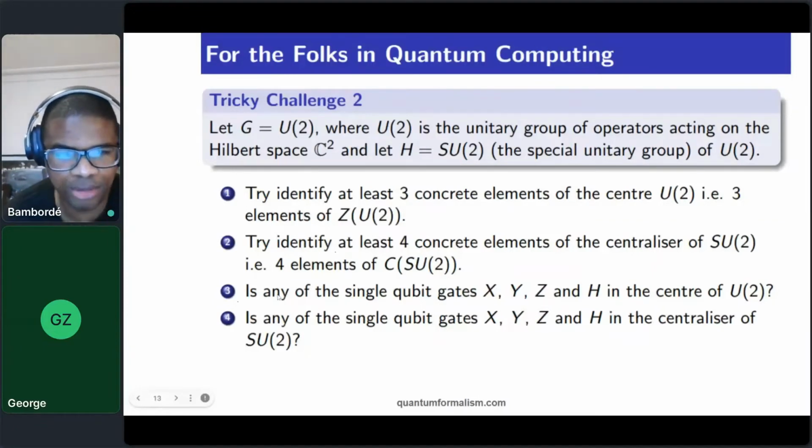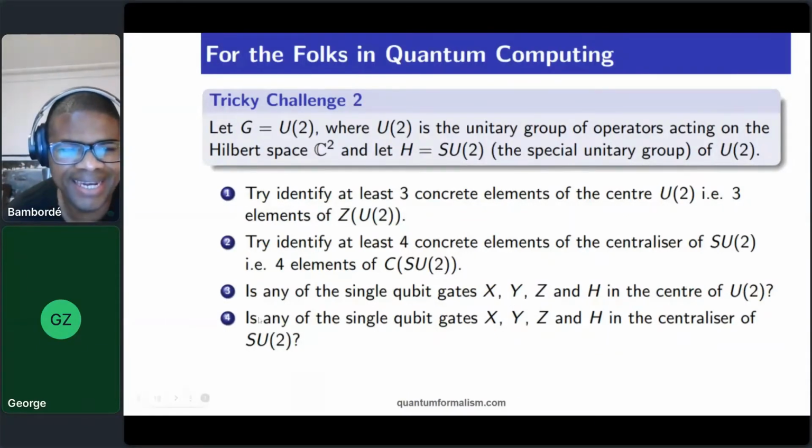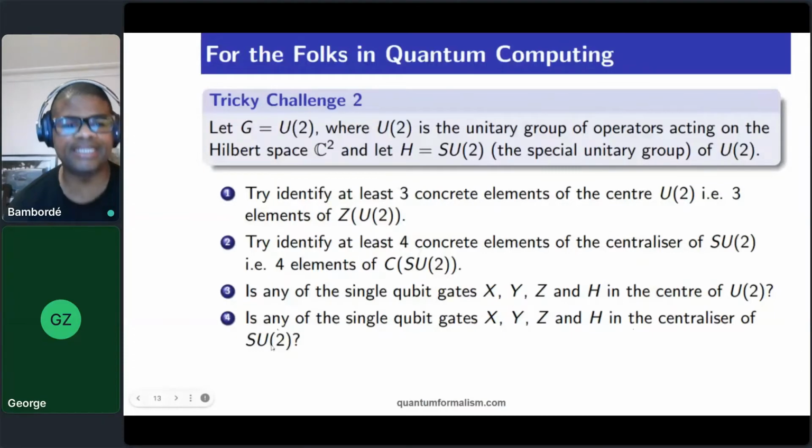And now this question could be tricky. It could be nonsense. Maybe I'm trying to catch you out, maybe not. Who knows? Let's see whether the quantum gates X, Y, Z, and H are in the center of U. And the other question is whether any of the gates are also in the centralizer of the special unitary group.